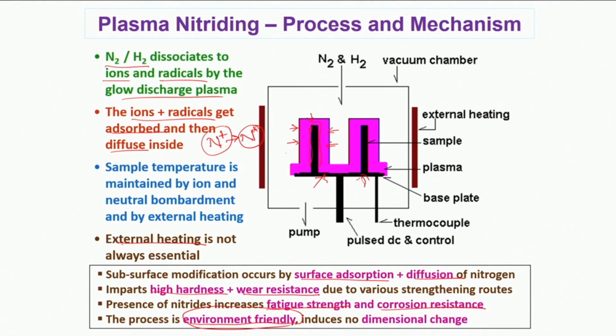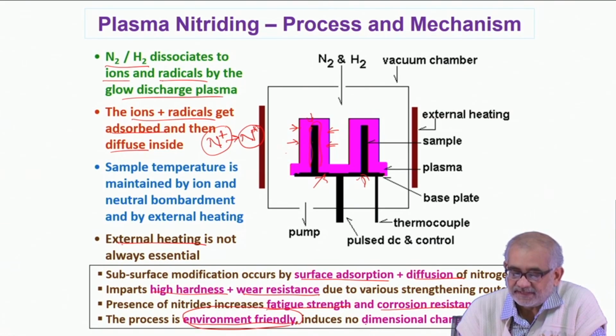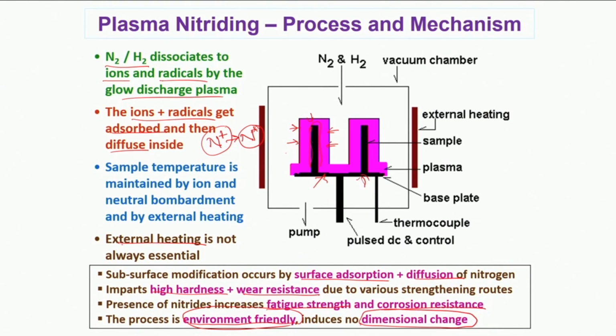Now, this is a very important part that will clarify why plasma nitriding is always a choice favored over the other processes of liquid or gaseous nitriding. Because the temperature exposure is limited, time is smaller, and the environment is plasma, the dimensional change that may happen is minimal in this case, and there is no quenching, no drastic drop in temperature required.